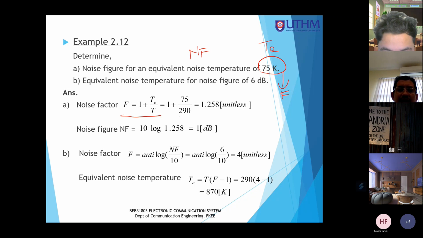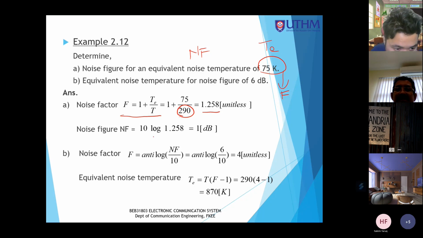So kalau you lihat nilai 290 ni tak diberikan pun dalam soalan. So dalam nota by default ambient temperature is 290 Kelvin. Okay, by default. Kalau dia tak sebut, inilah dia. So therefore kita produce 1.258 noise factor.